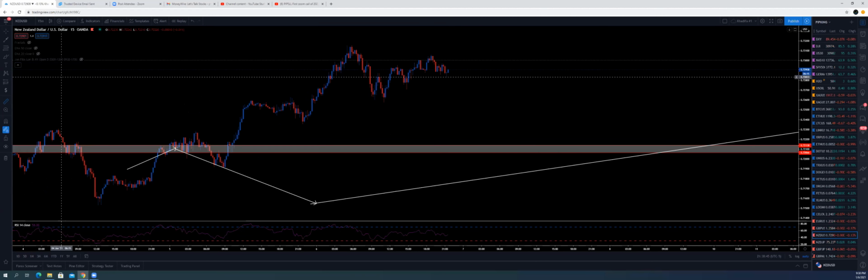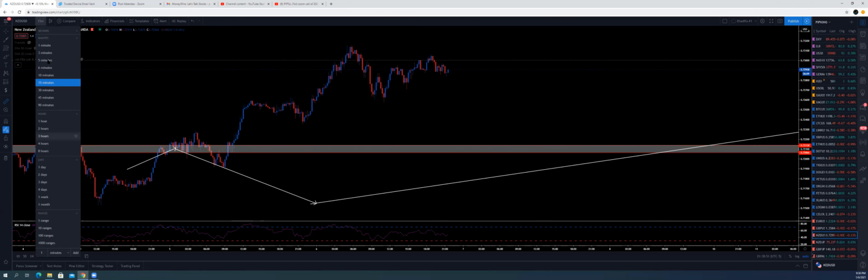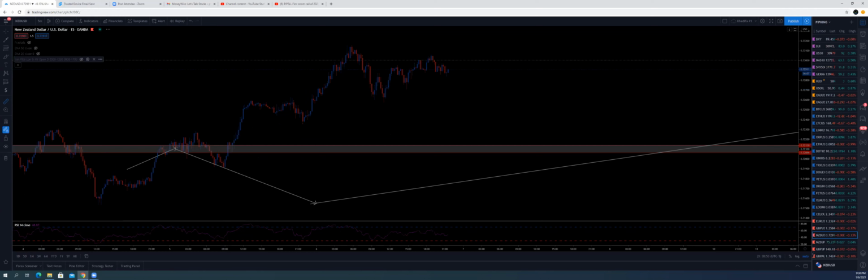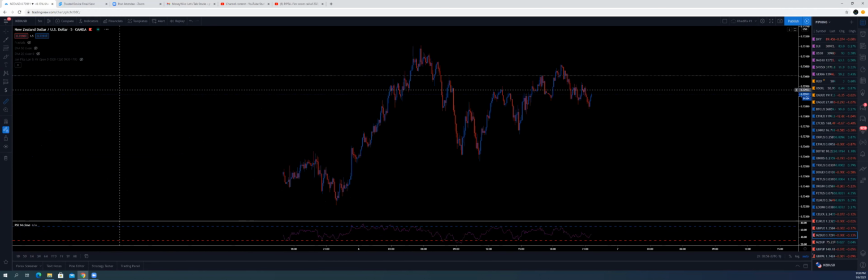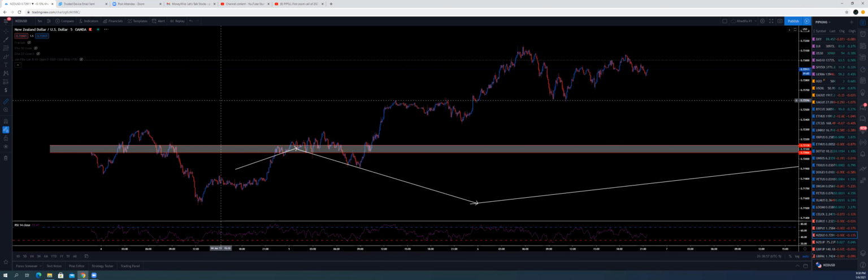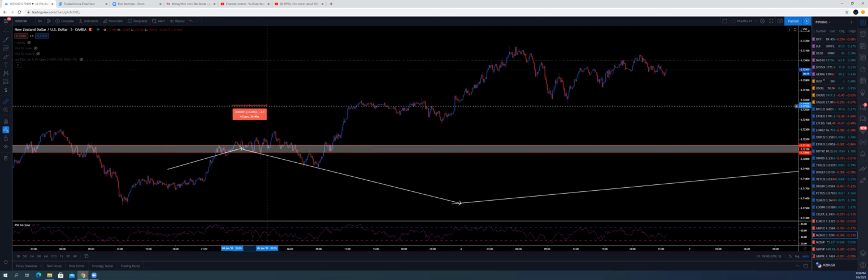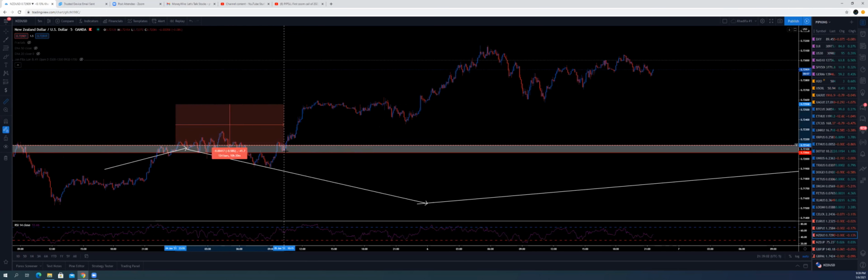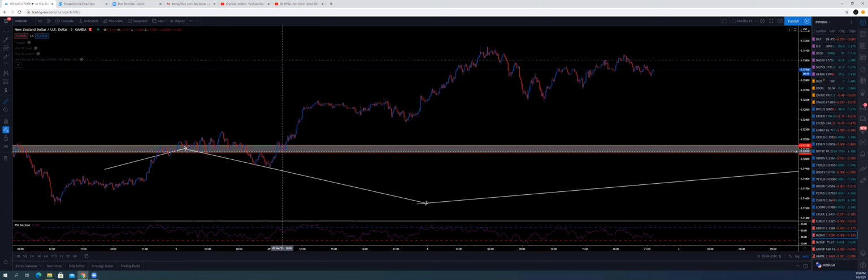You can kind of see it right here, the retest. I'll go down to the 5 minute, and you can see the retest right here. Price broke up above it, came back, retested and took off.